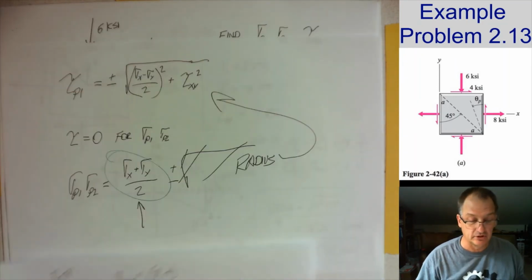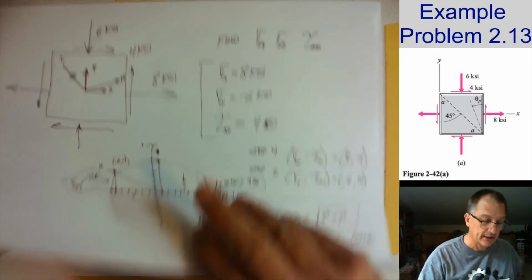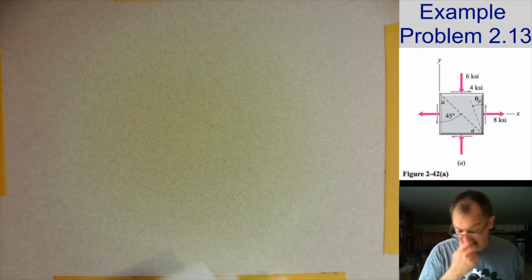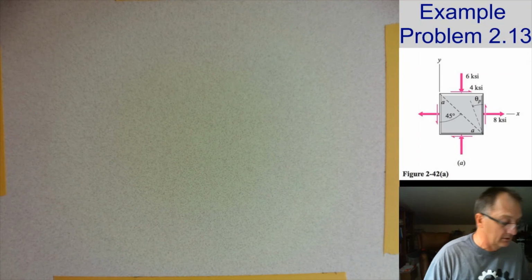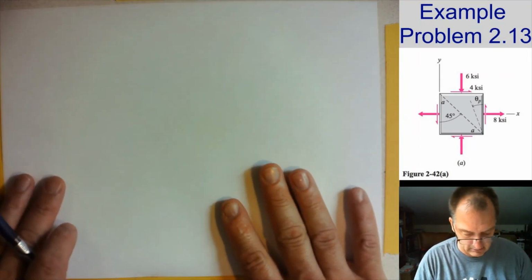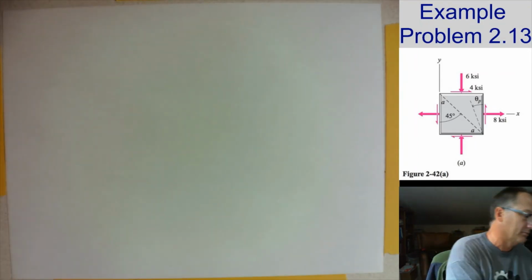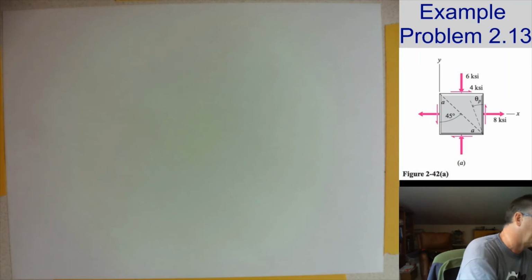That's Mohr circle. Now, what's really kind of interesting is let's jump ahead and do problem 2. Still got my ruler in the page, so that's good.